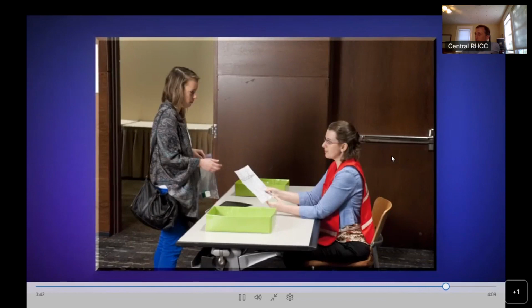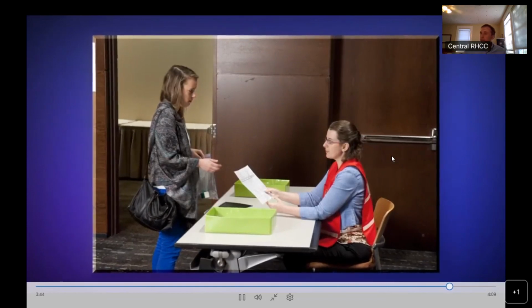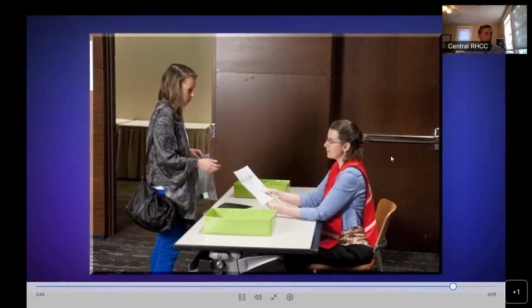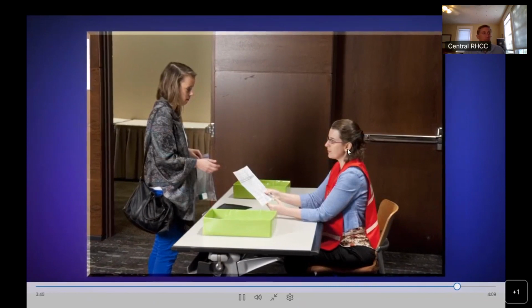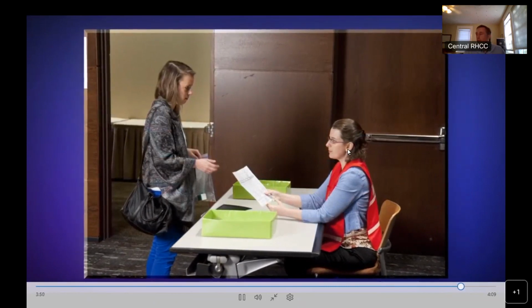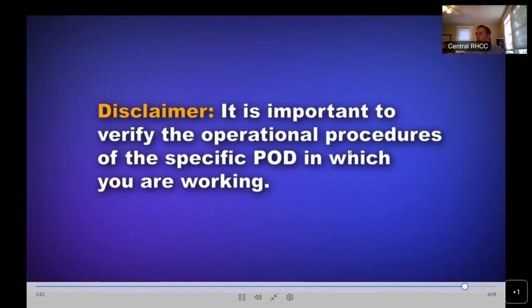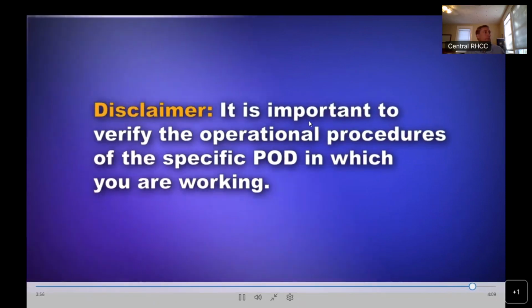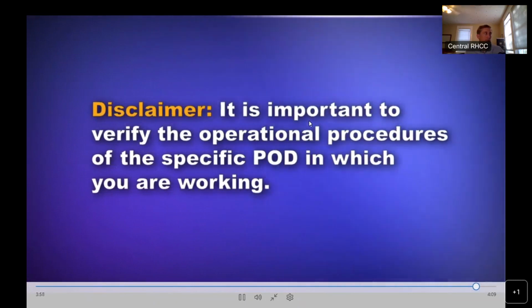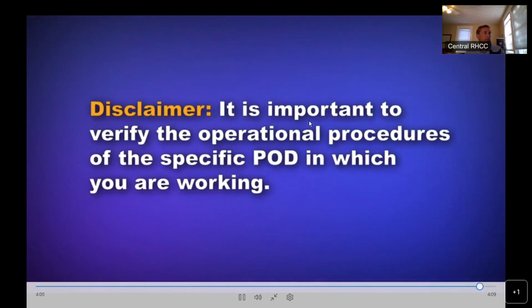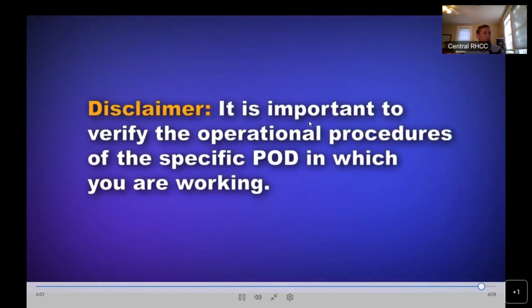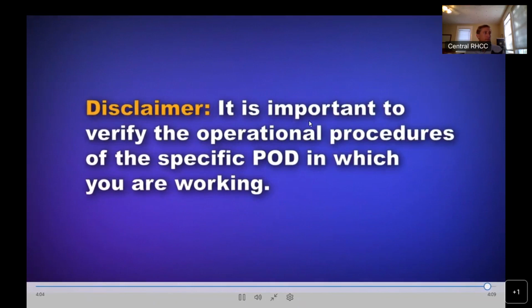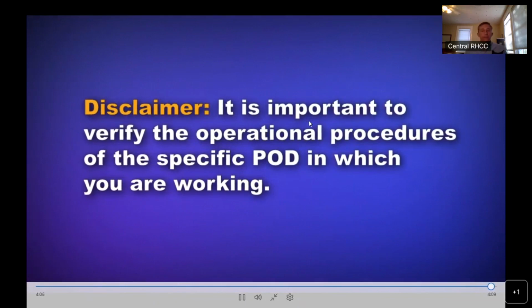In addition to these tasks, you also may be asked to collect the client's screening forms and place them in a specified bin. Because pods vary from location to location, it is important to verify the operational procedures of the specific pod in which you are working. This video provides a basic operational model for functions within a pod.